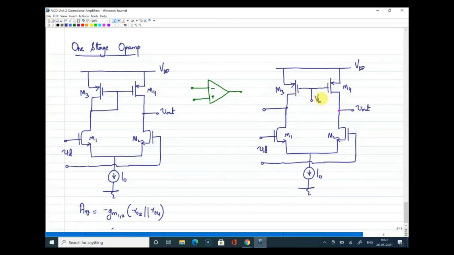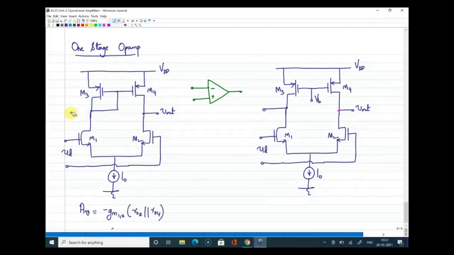Now, how can we say this is fully differential? Because we know that when you say differential, those points should have equal and opposite signal excursion. Along with that, those points should have equal impedance, right? If I have a connection like this, and if I try to take output from this point with respect to this point, both points do not have equal impedance, because on one side the impedance is 1 by gm3 parallel to ro3, which is small, and on the other side you have ro4.